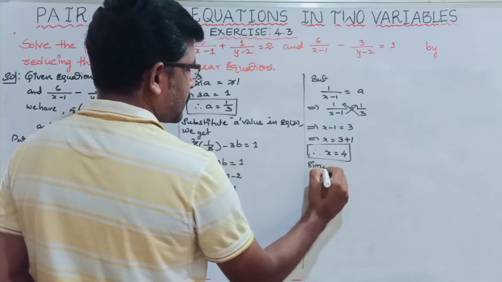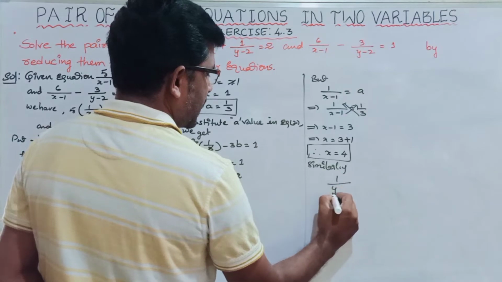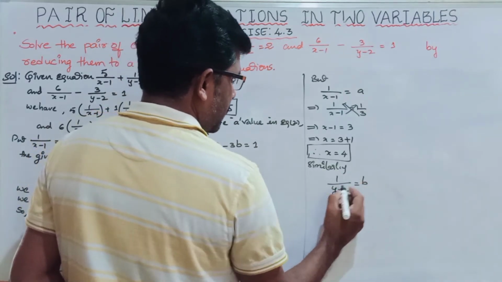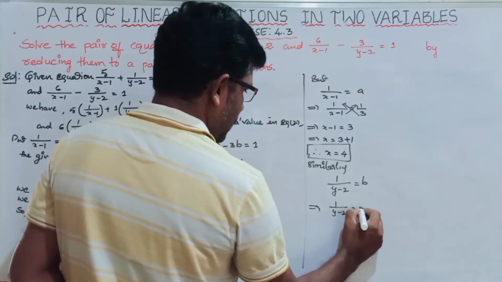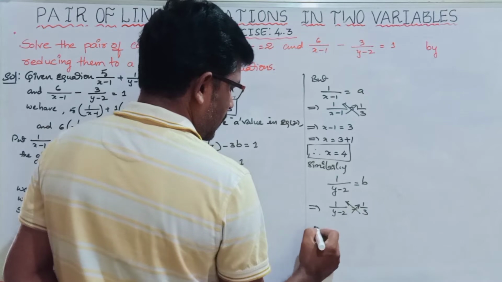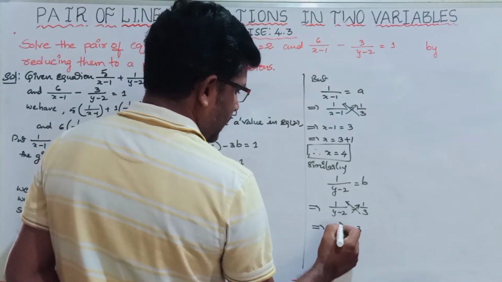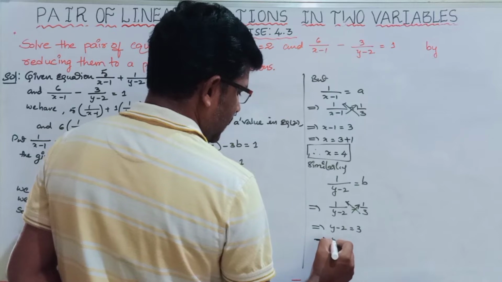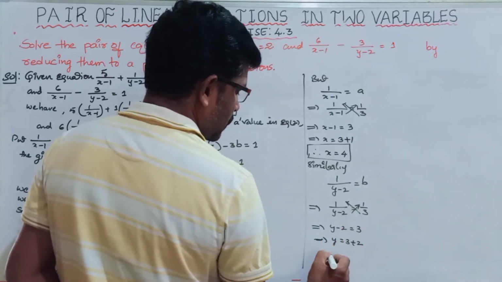Similarly, 1 by (y minus 2) is equal to b. It implies 1 by (y minus 2) is equal to 1 by 3. Cross multiplication: y minus 2 is equal to 3. Minus 2 transposing to that side, 3 plus 2. Minus 2 will become plus 2.